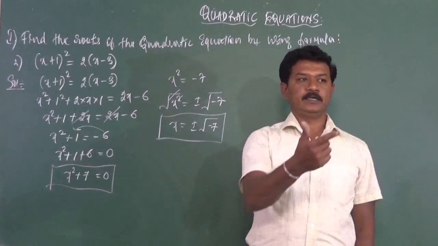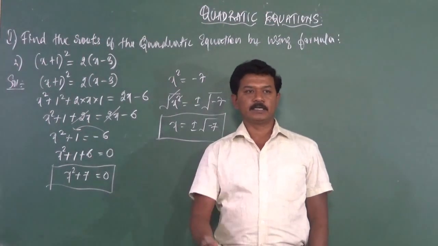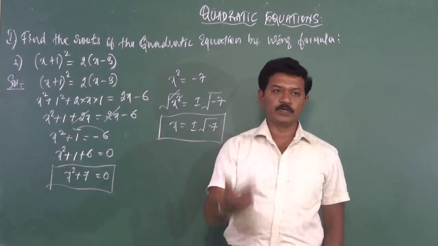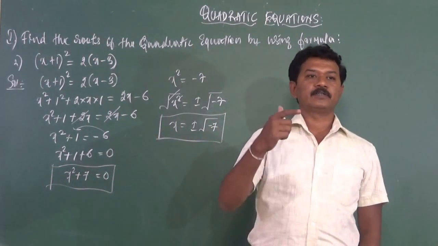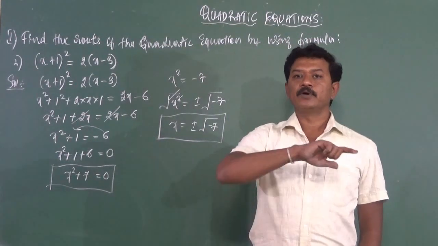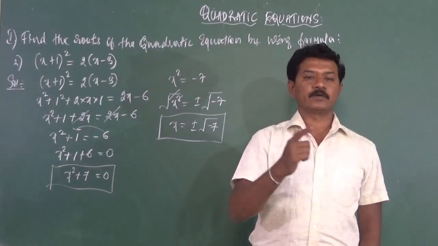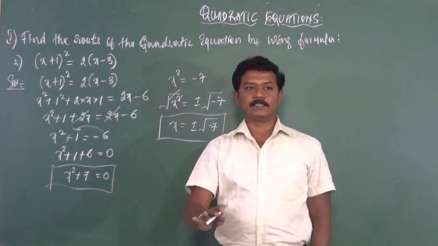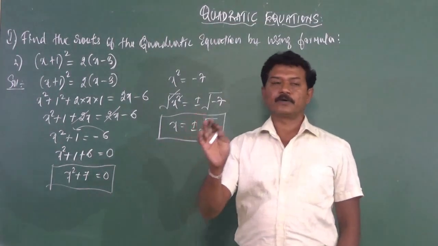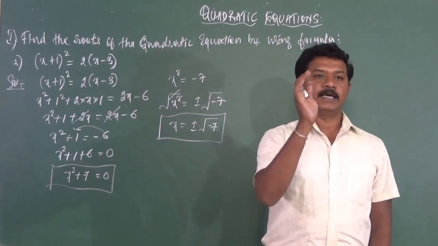So this is what I expressed to you in the last session. For all the quadratic equations we do get the roots, no doubt in that, but for certain types of quadratic equations we do not get the roots. That is, the roots of the quadratic equation do not exist. So this is an example I just wanted to show you where the roots of a quadratic equation do not exist.